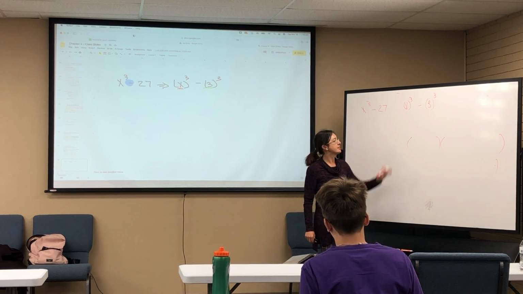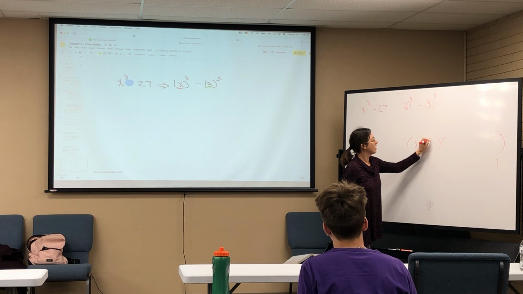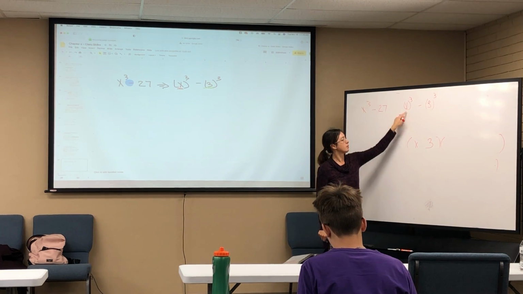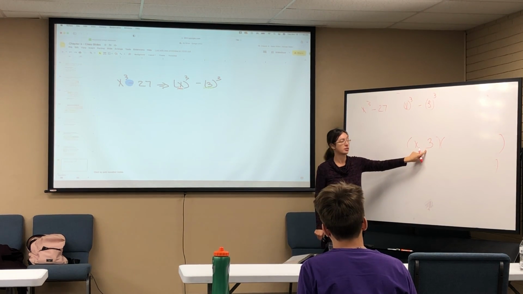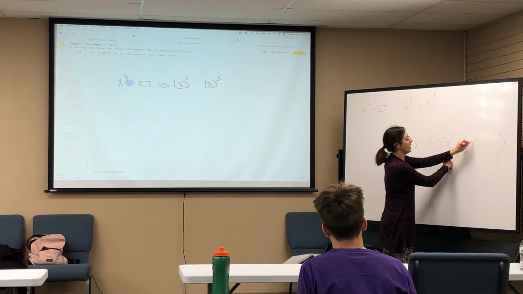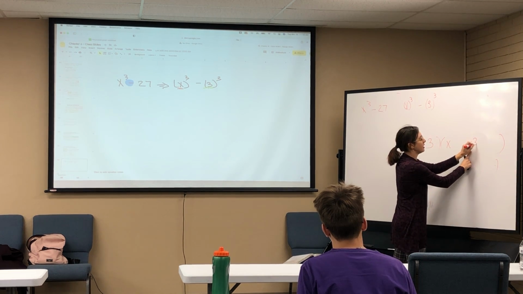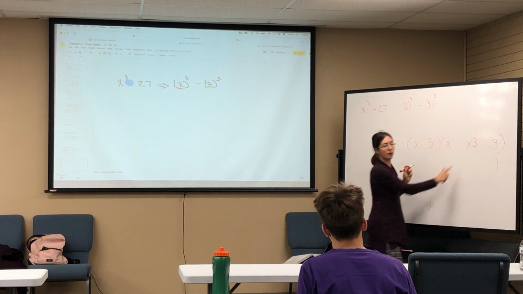Okay. This is me working my first one. My binomial has an x and it has a 3 in it. I'm going to just copy down my numbers. My trinomial, I have an x in the first spot and an x in the second spot. Then for my 3, I have a 3 in the second spot and a 3 in my end spot.